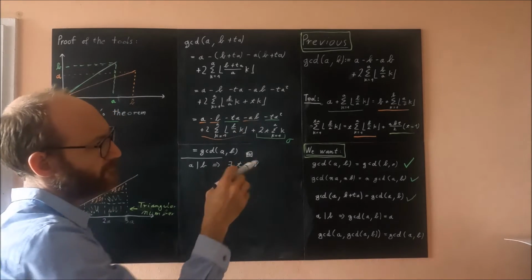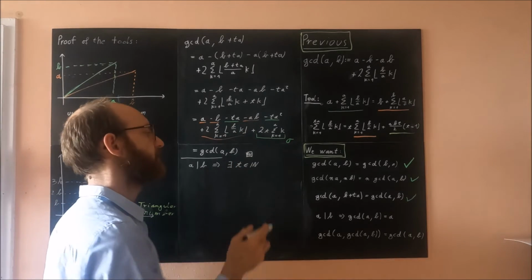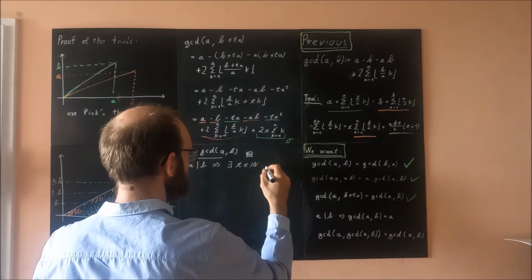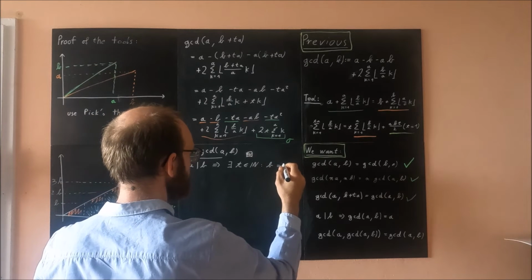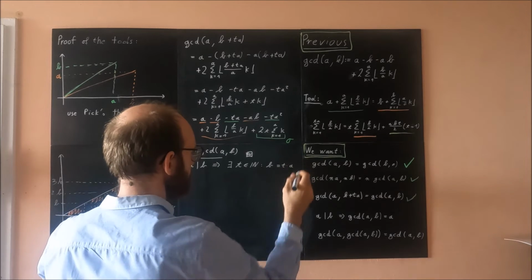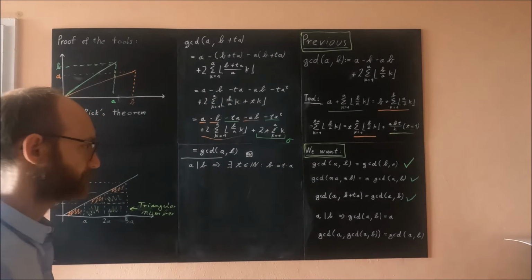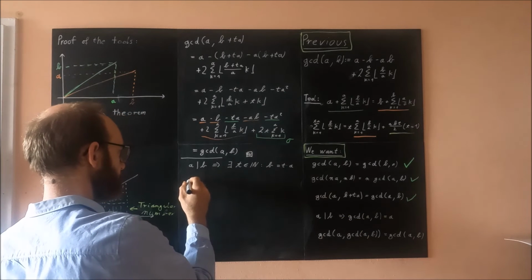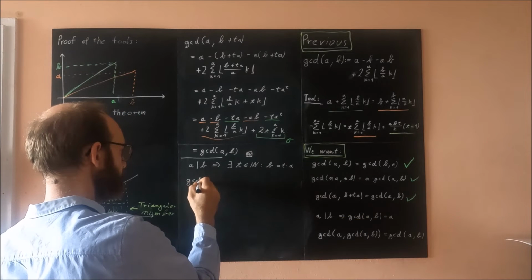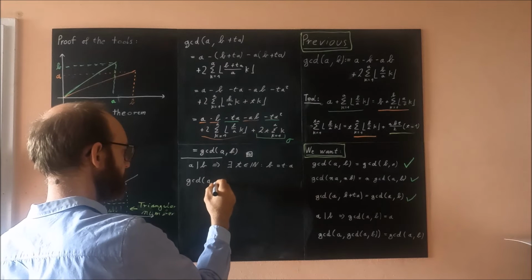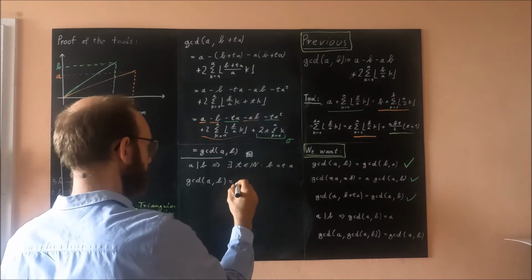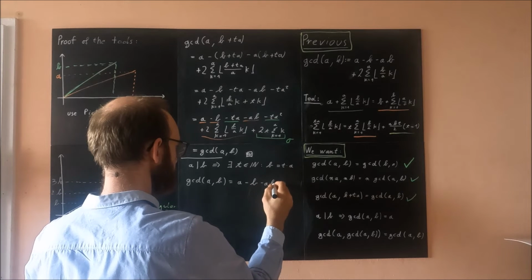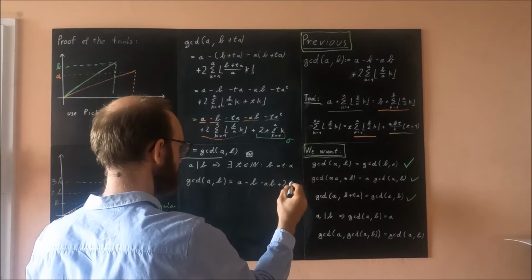So we are just moving in the natural numbers, so there is a t in the natural numbers such that b is t times a. Alright? And now we start again on the left hand side. So we have GCD of a and b is a minus b minus ab plus 2 times our sum.